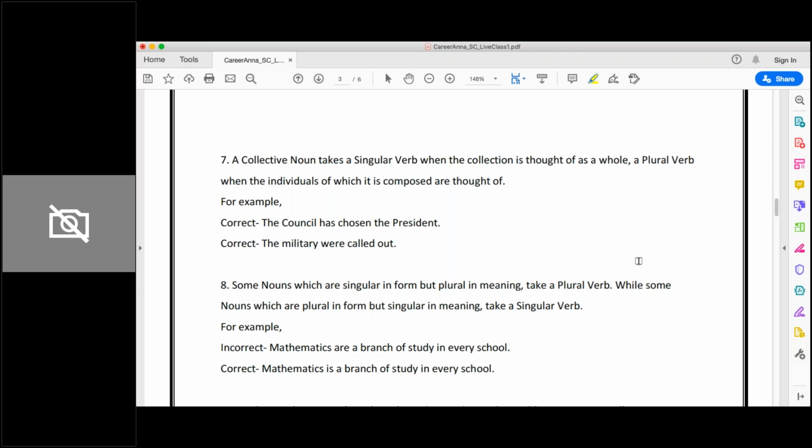So the difference is, irrespective of the number of ministers, I prefer to call them the cabinet, whereas even though military is a collective noun for soldiers, I end up seeing the soldiers as individuals. Right, Shivashish?